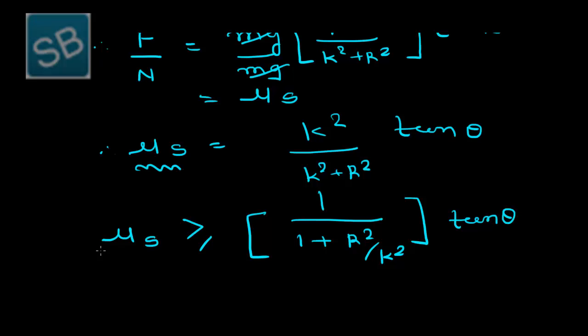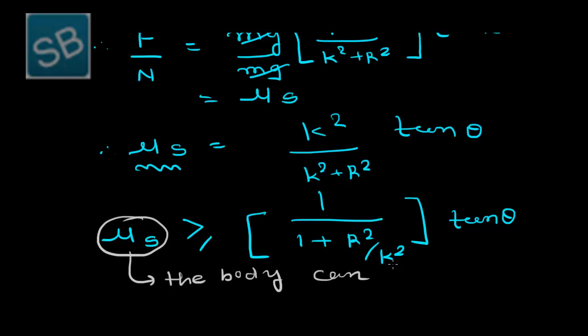So the value of mu s should satisfy this, then and only then the body can roll down without slipping. So after applying the value of mu s, the body can roll without slipping.